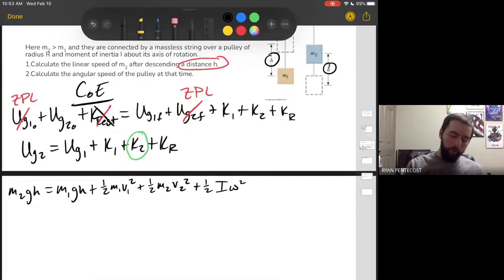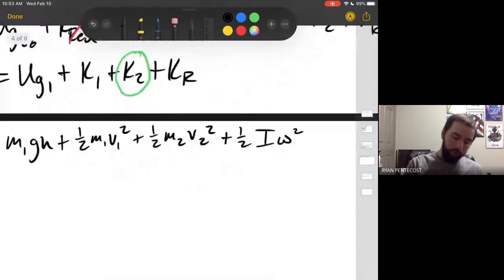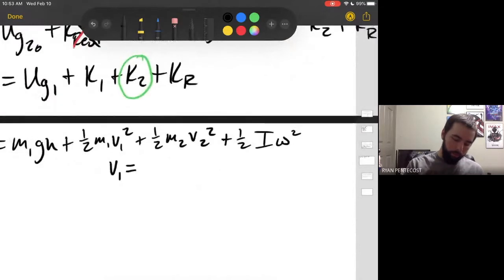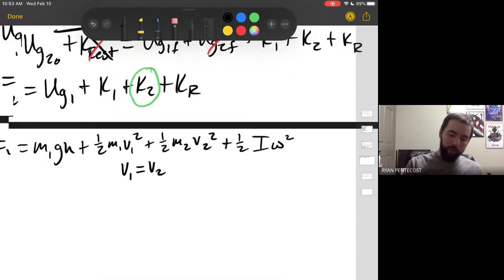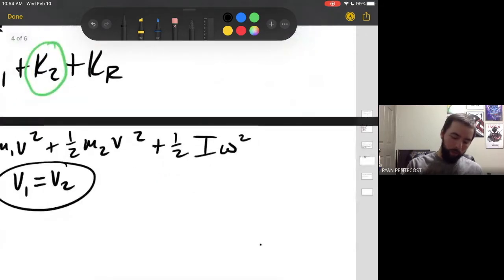Now, another thing we want to recognize is that V1 and V2 are going to equal each other. Since they are attached by a string, we assume the string doesn't slip as it moves over the pulley, so we can establish that V1 equals V2, so we will remove the identifiers and just solve for that V. Now, we also want this in terms of linear speed, so we're going to take out omega, and we'll say that omega is V over R, right?